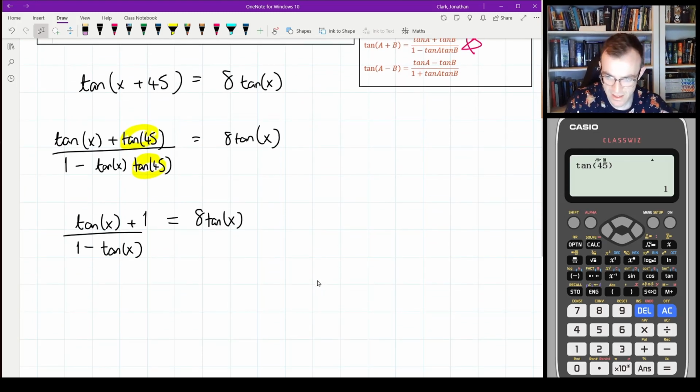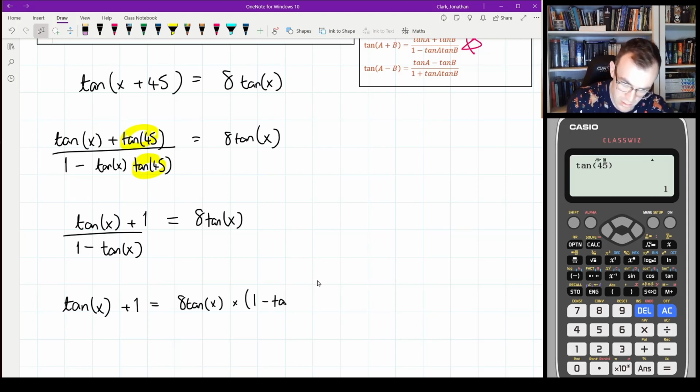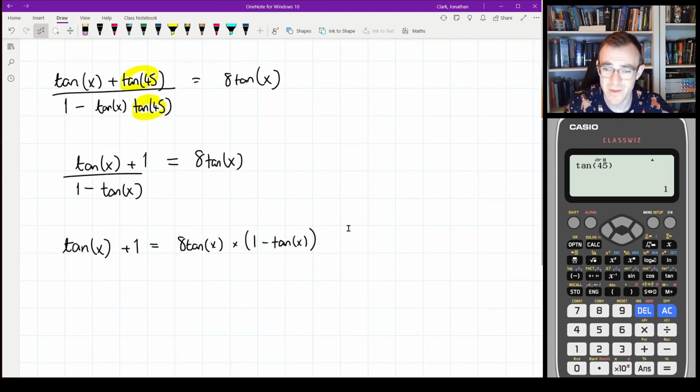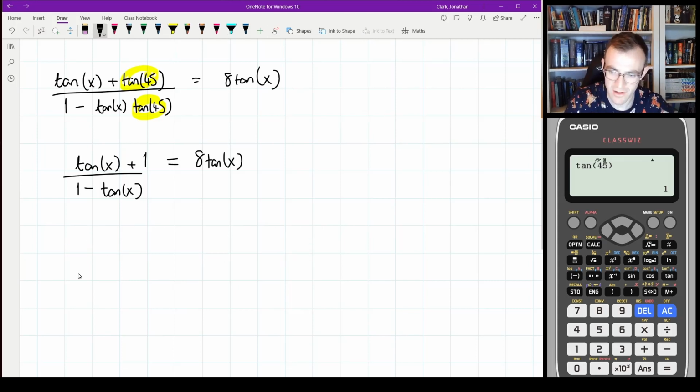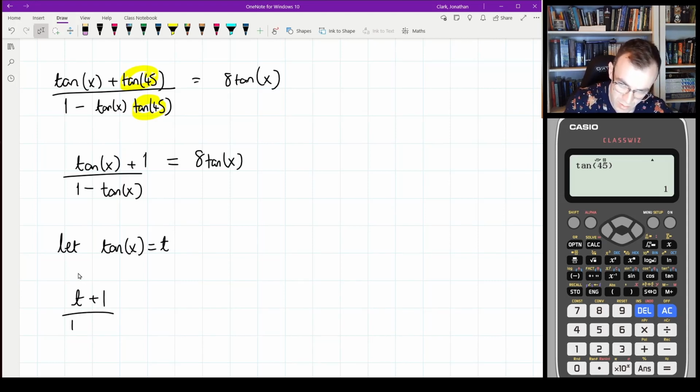Okay, so let's take the denominator up. And it might have been a good idea to call tan x t, just because it looked a bit confusing there. So it's going to be (t plus 1) over (1 minus t) equals 8t.